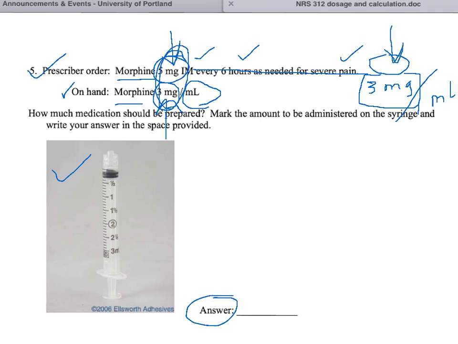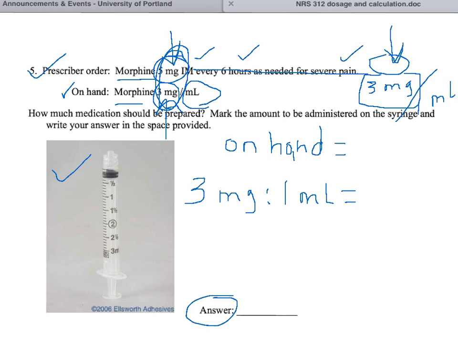I'm first going to show you one method, the ratio method, to determining how you go about calculating this dosage. What I like to do is put over on the left-hand side what I have on hand. So what I have on hand is 3 milligrams in 1 milliliter.